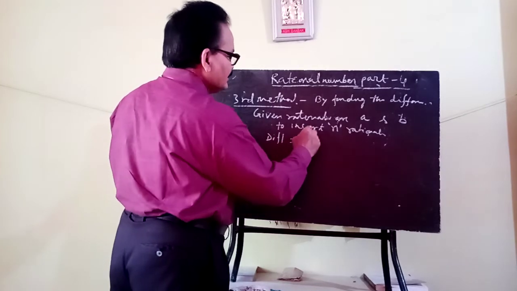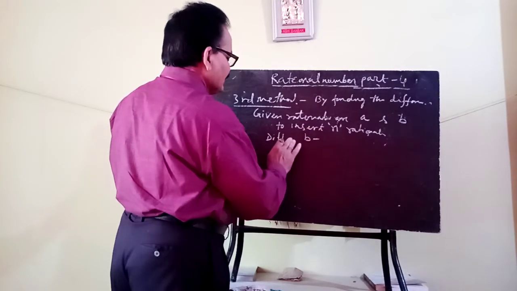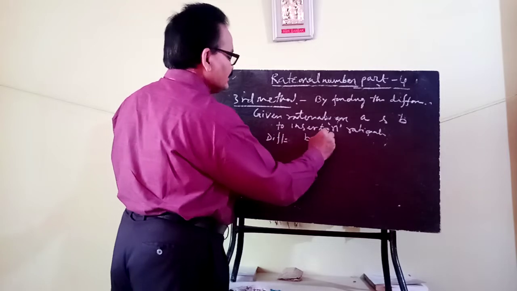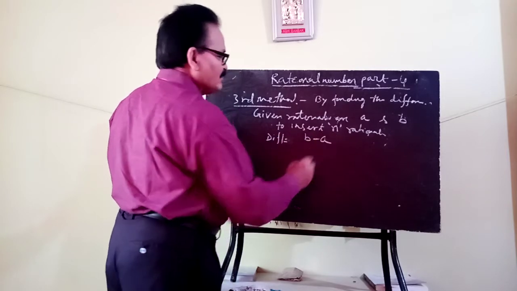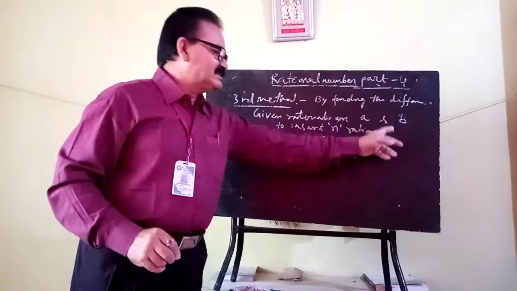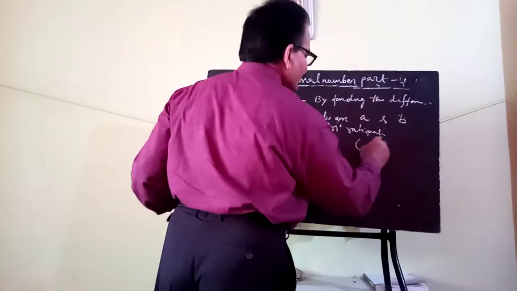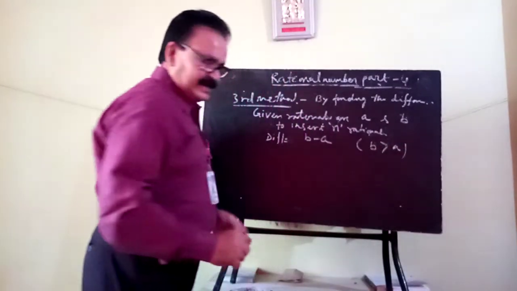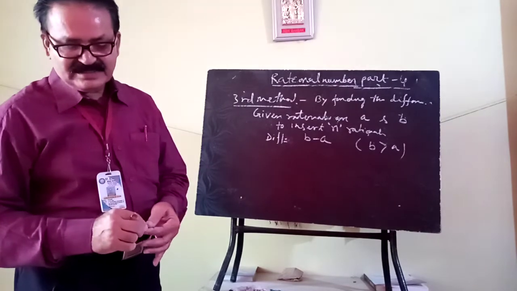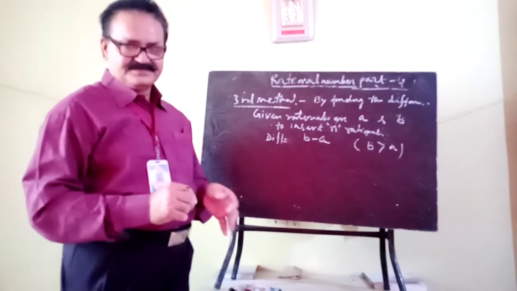Difference is your B minus A, because here B is greater than A. Second rational is more than that of your A.